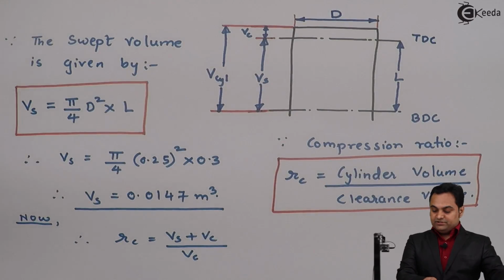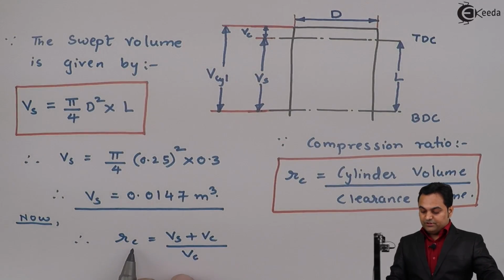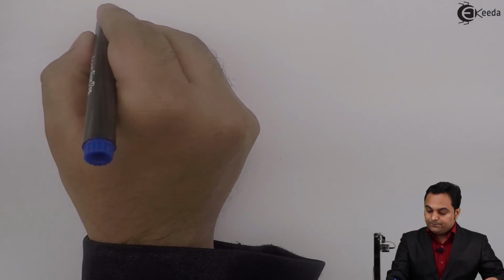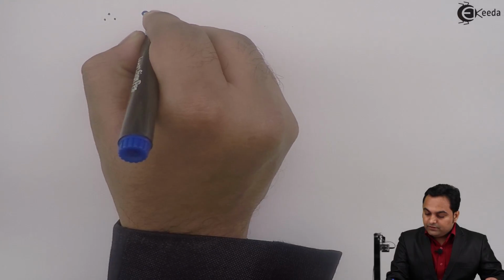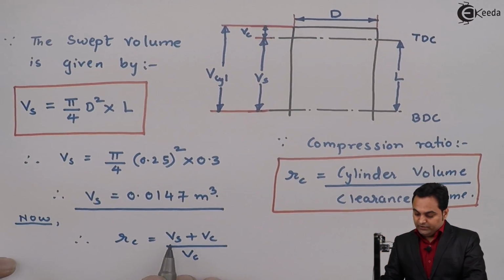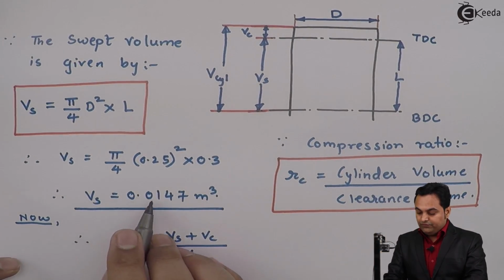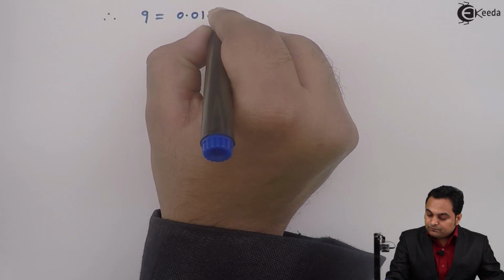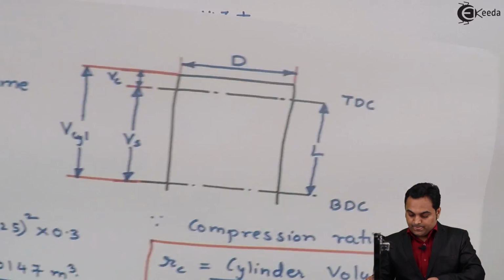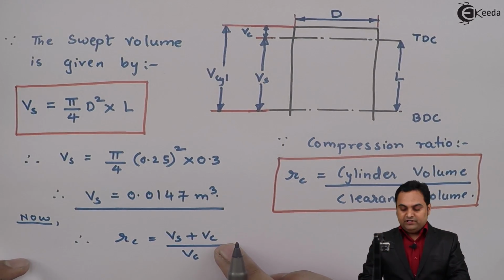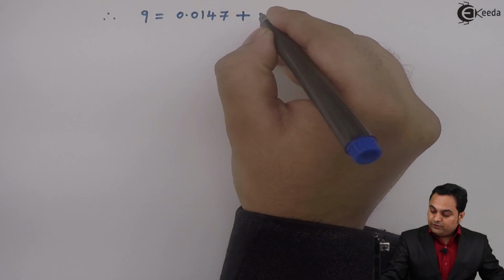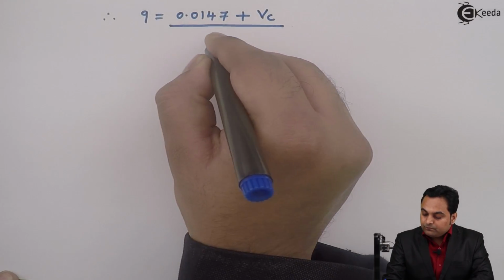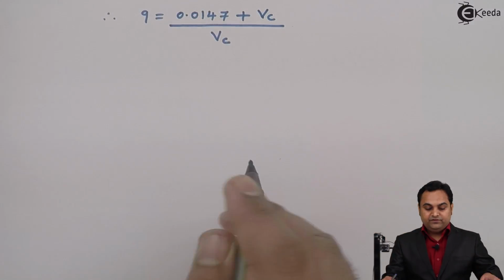Now the compression ratio is given in the problem as 9, so I'll put the value. Therefore 9 is equal to Vs, that is swept volume, 0.0147, plus clearance volume, which is the value we don't have, so I'll write V suffix C, upon clearance volume Vc.